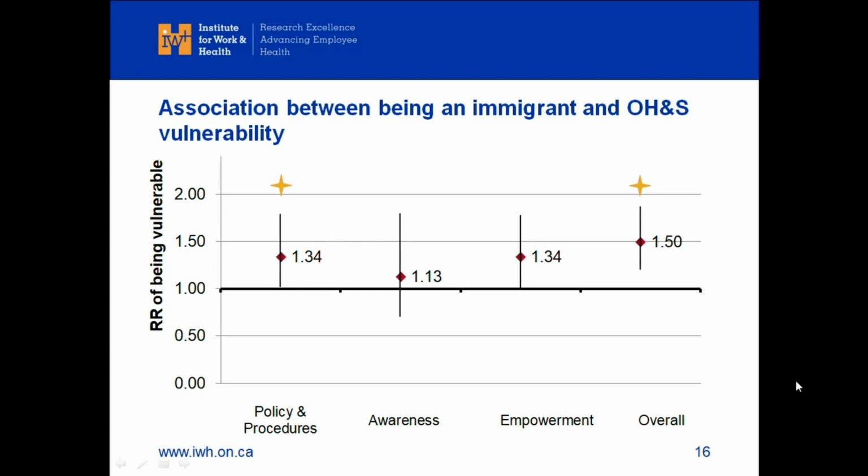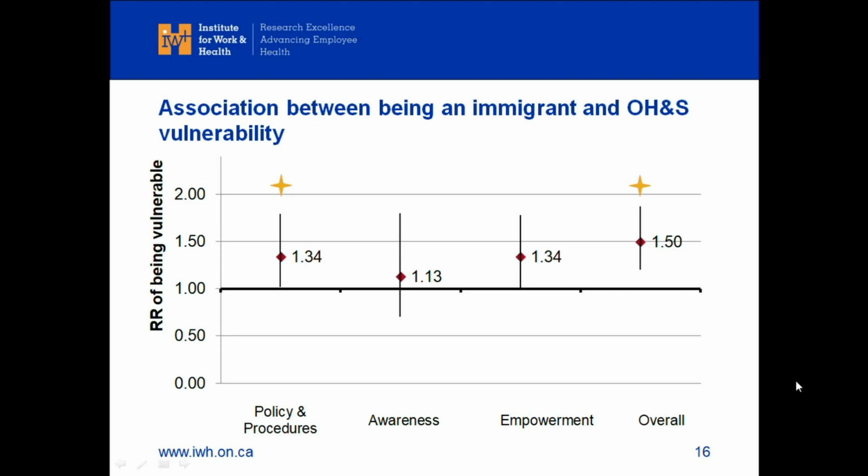And you'll also see that both the empowerment and awareness types of vulnerability are higher in the immigrant population than in the Canadian-born population in Ontario, though we're slightly less confident about our findings there. But for example, this empowerment finding indicates that immigrant workers are 34% more likely to have empowerment vulnerability than their counterparts that are born in Canada.